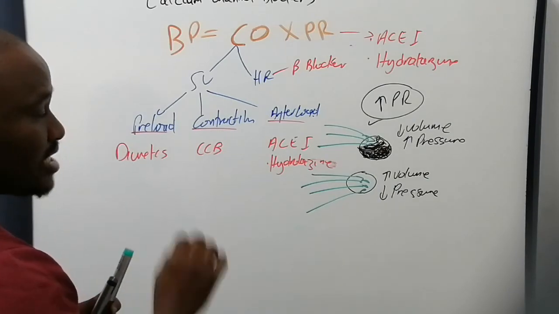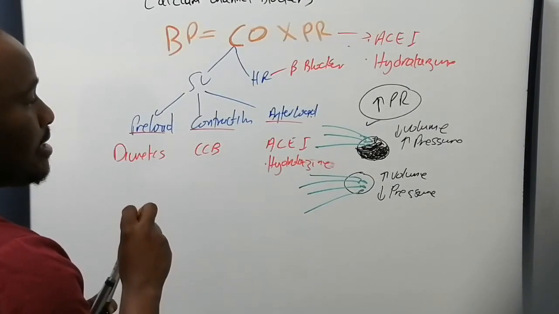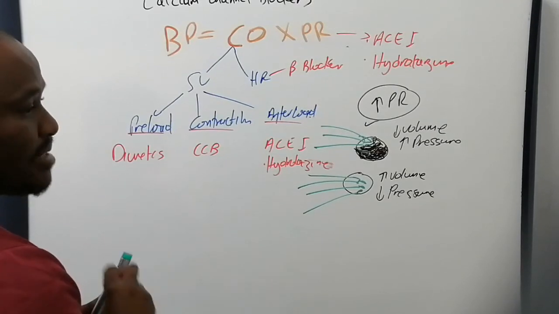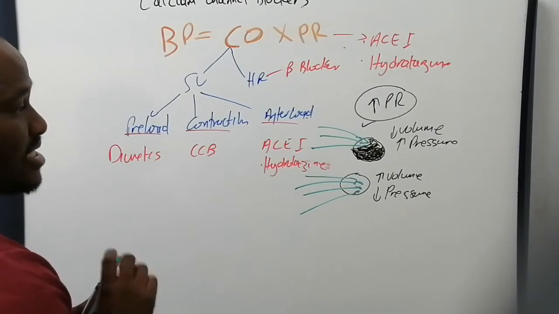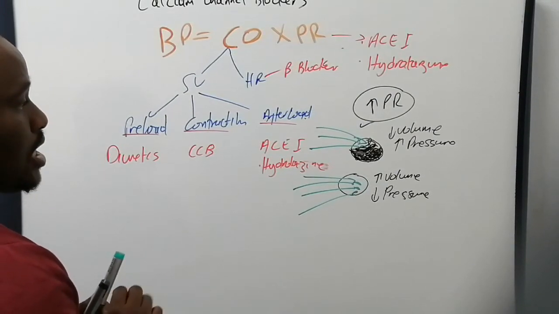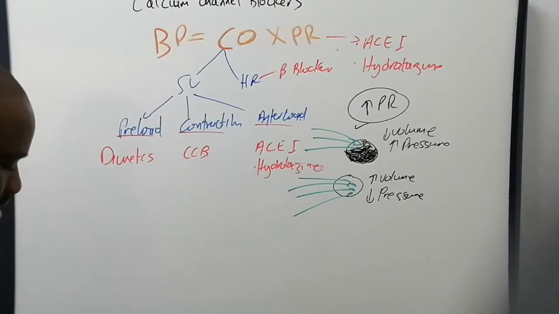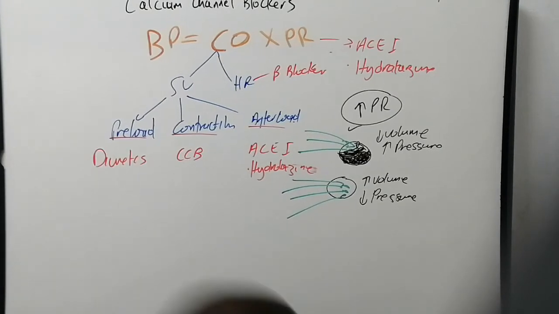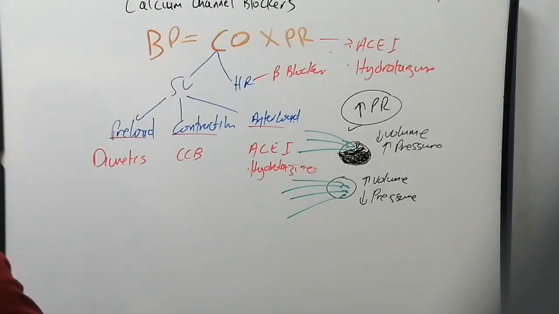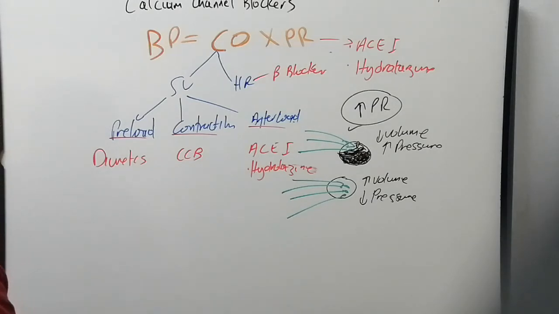So what I'm trying to explain here is that when you're treating a patient with antihypertensives for hypertension, but they've got dyslipidemia, you are likely going to get to a point whereby you can't control their BPs anymore, and maybe you would have tried all the other drugs, but nothing seems to work.